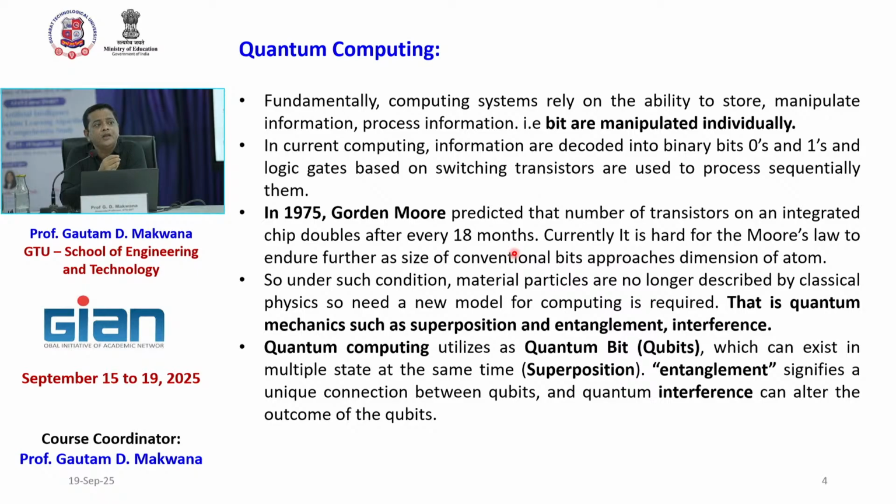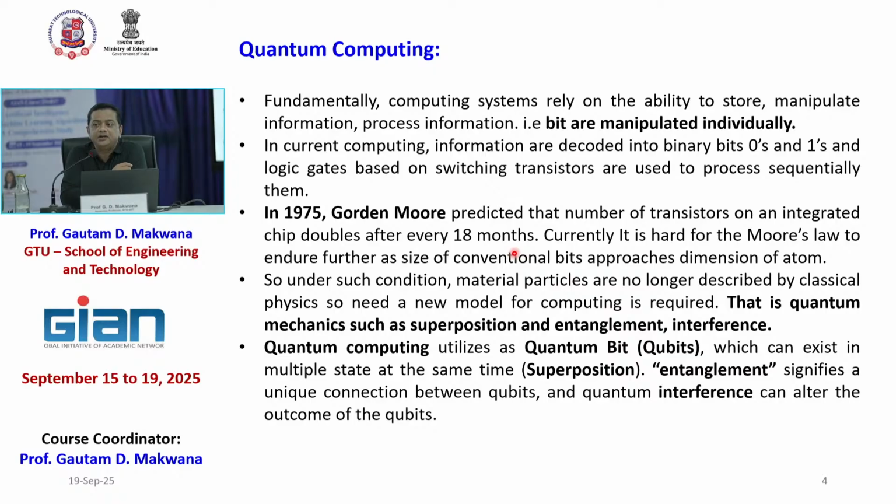So at that time we need new physics, and that is known as quantum mechanics, or I can say quantum physics. The material they use for the transistor works at the atomic level. So for this case, we require a different principle, and that is quantum physics, or I can say quantum mechanics, to operate the binary numbers 0, 1, or the transistor.